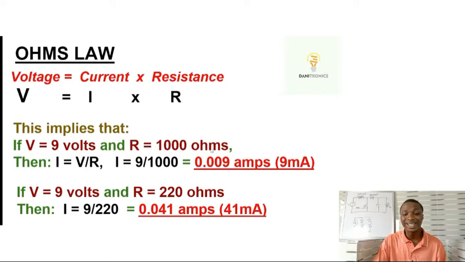We had high resistance here, we had lower current, 9 milliamperes. But when we had lower resistance, more current was able to flow because the resistance was lower, and we have 41 milliamperes. So I think this illustration explains Ohm's law and also explains the three concepts I've been explaining so far: voltage, current, and resistance.